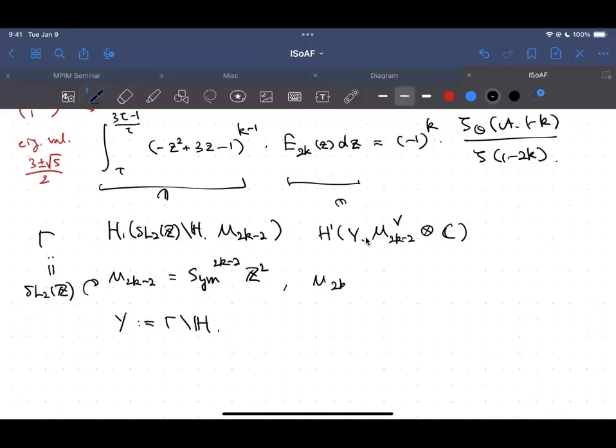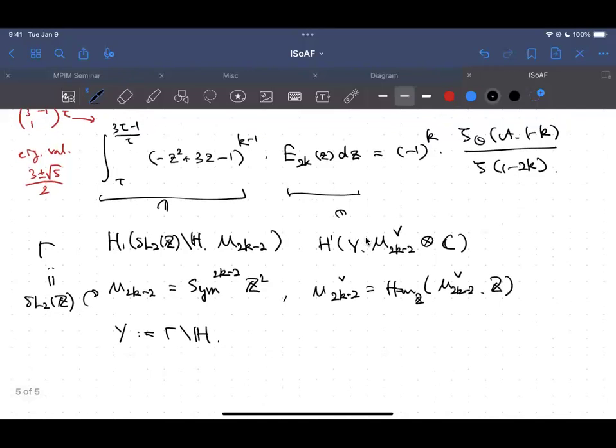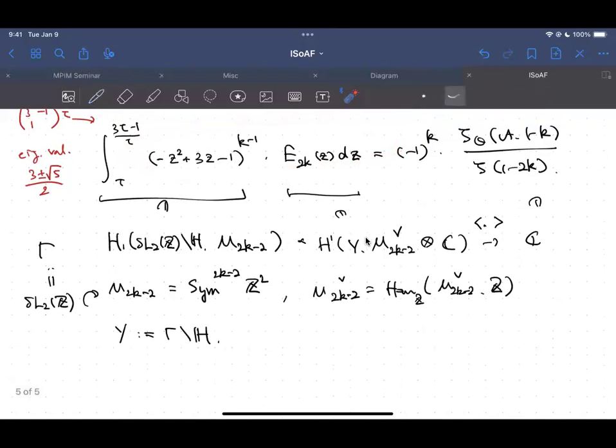Here this check means that it's the dual gamma-module of M_{2k-2}. And then this integration can be interpreted simply as the pairing between the homology and cohomology. So in this way, we have a very nice cohomological interpretation of this integral representation, and also of these zeta values.